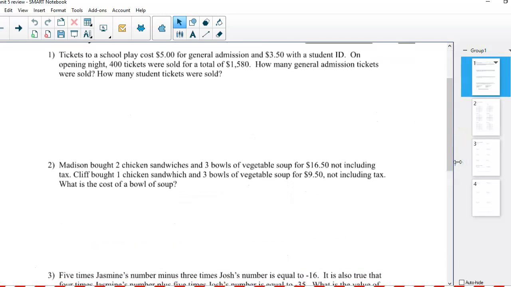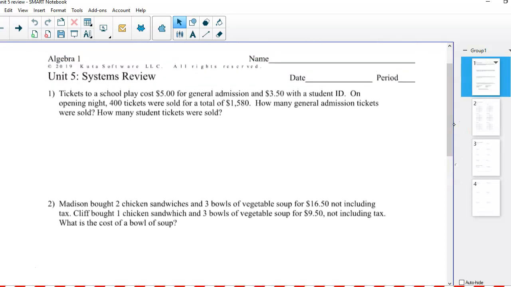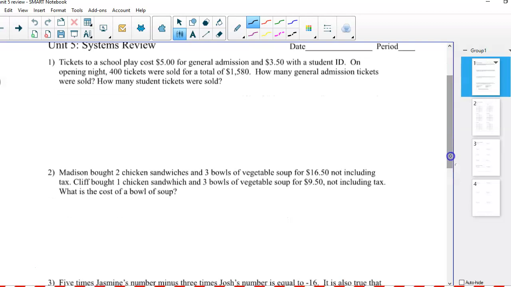So for our word problems, your test is 2 sections, solving systems with word problems. Which of these 2 do we want to do? Let's actually not do 1 because we just did 1 like that.